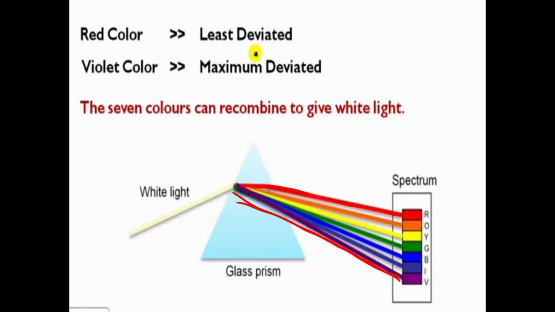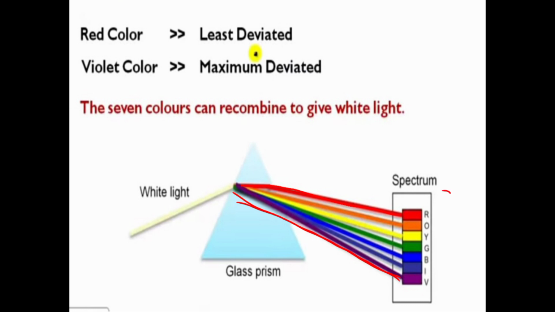Different colors of light bend through different angles, so they are refracted at different angles, and that's why we are getting different colors. And as the red light bends the least while the violet bends the most, that is red is least deviated and violet light is most deviated, the rays of each color emerge along different paths, and it is the band of distinct colors that we see in the spectrum.